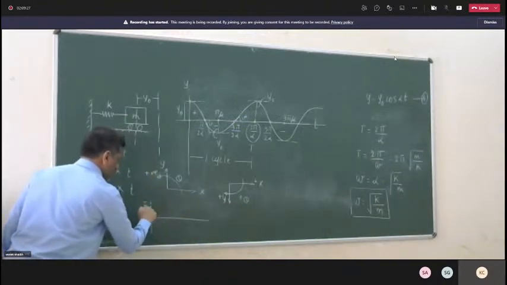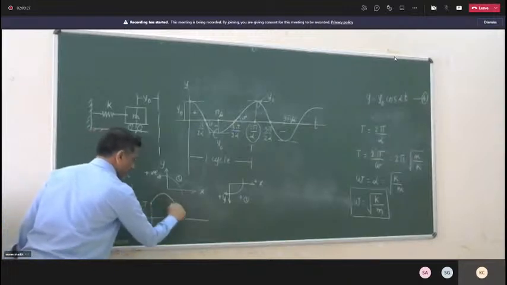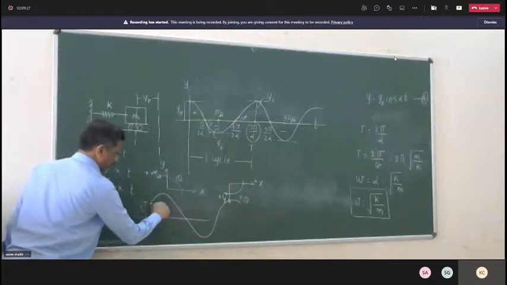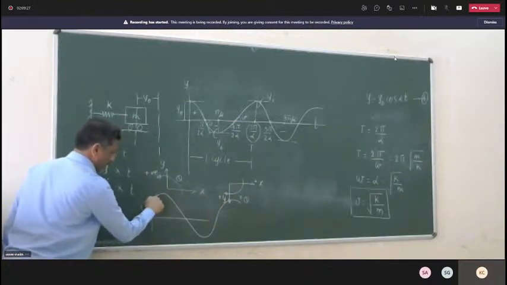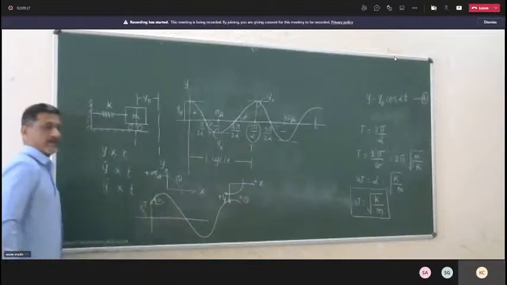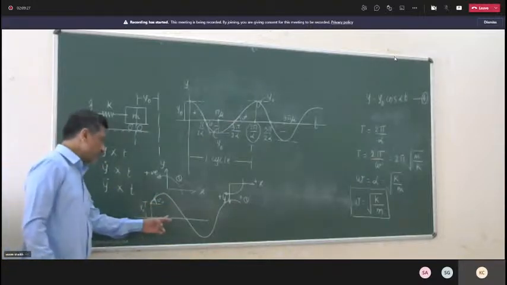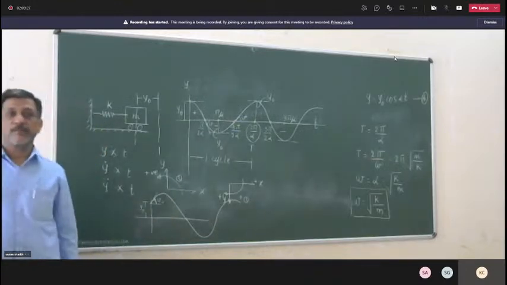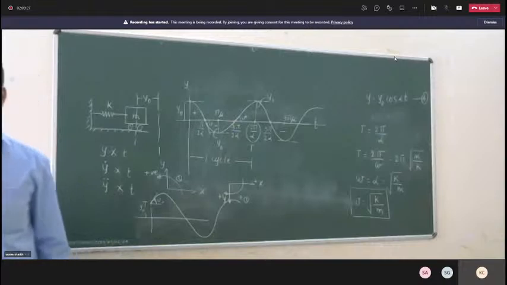And at t equal to 0, y is y0, no doubt. This slope will be V0. And because of that, the displacement will not be y0, it will be more than that. It will be more than that.